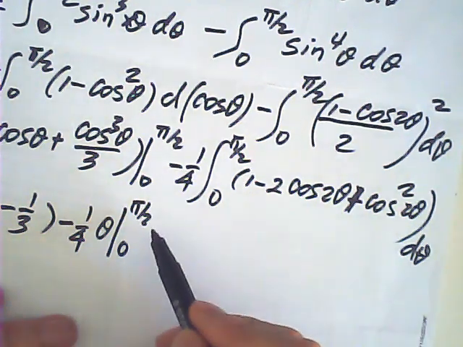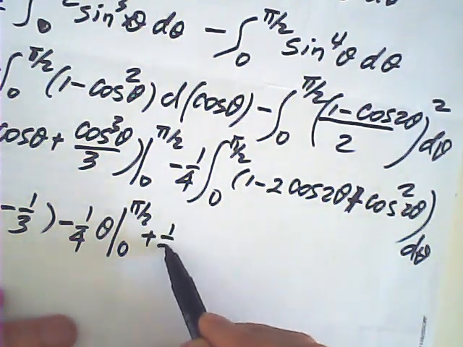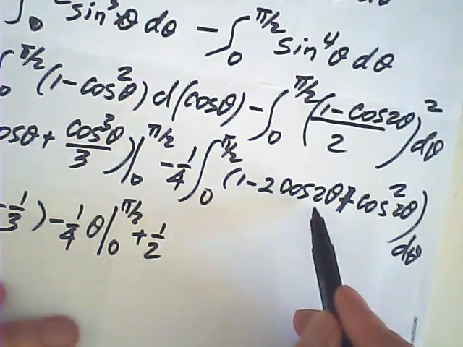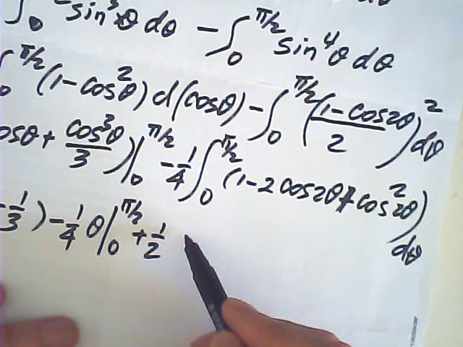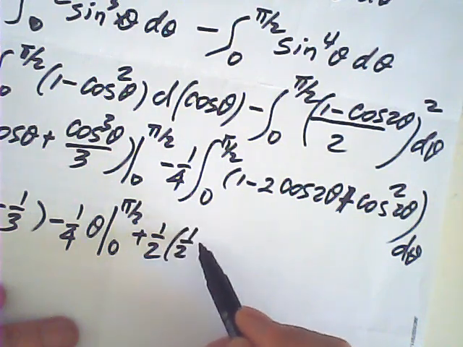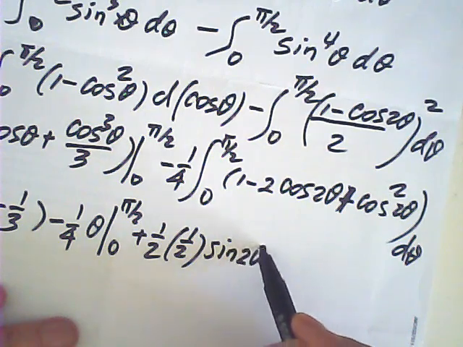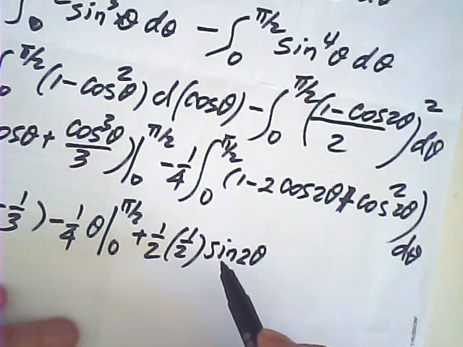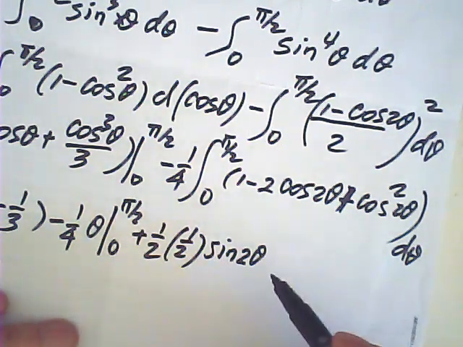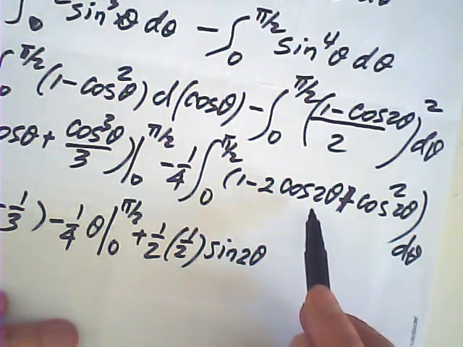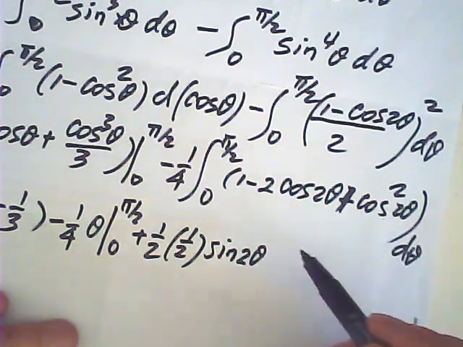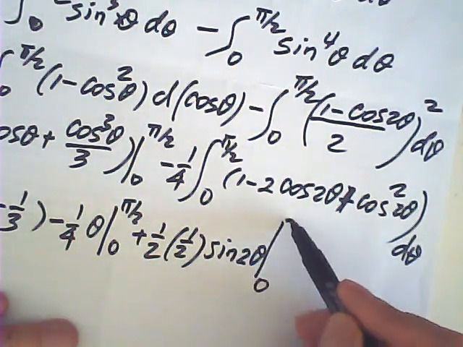For that one, this is half, right? This is plus 1/2 cosine 2 theta integral is equal to 1/2, another half, sine 2 theta, right? That integral sine 2 theta from 0 to half pi.